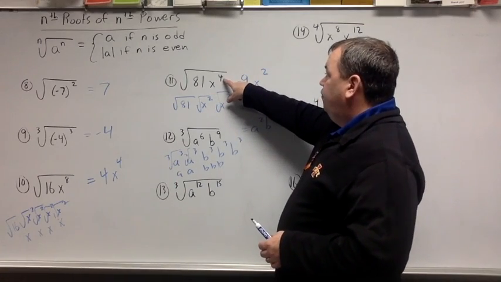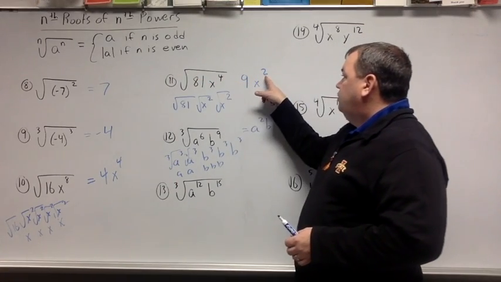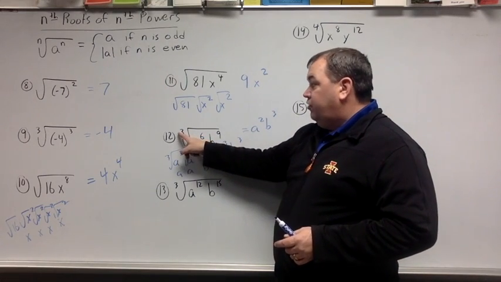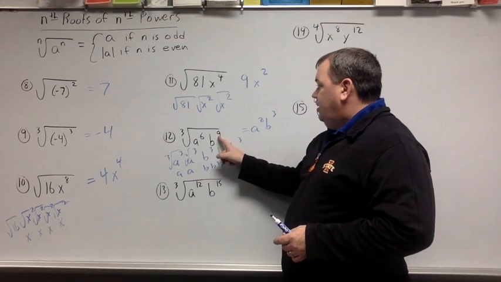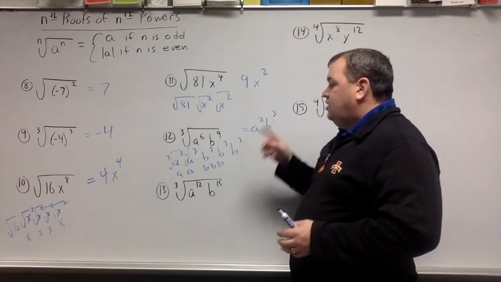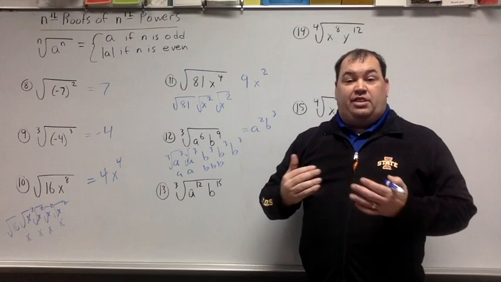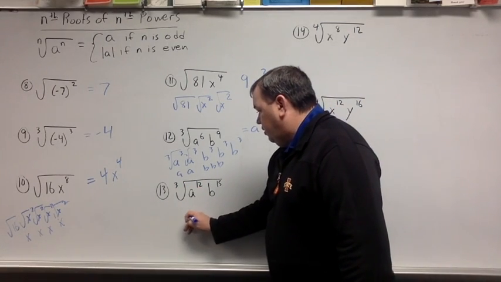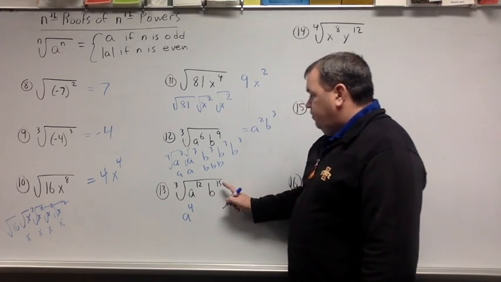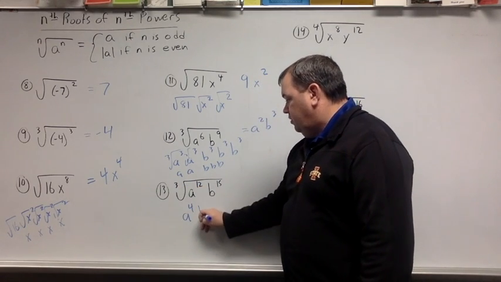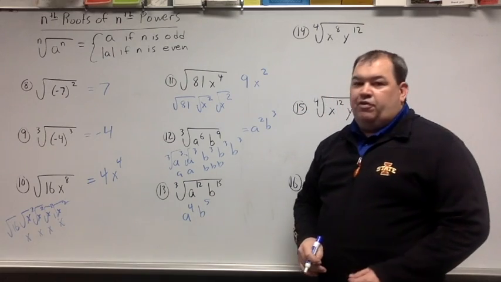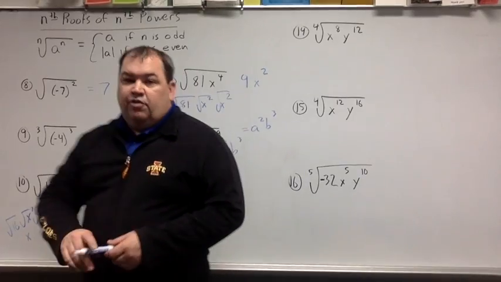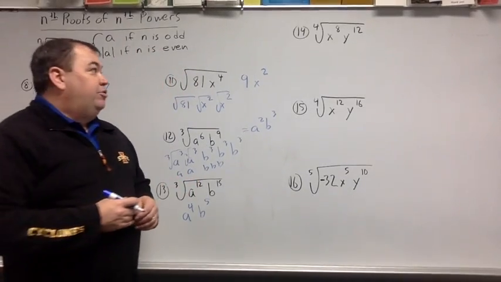Up here, 4 divided by 2, that still worked. 6 divided by 3 and 9 divided by 3 still works. So if I can use that pattern, 12 divided by 3 would leave me with a to the 4th. 15 divided by 3 would leave me with b to the 5th. If that makes more sense, then use that idea for simplifying your variables.